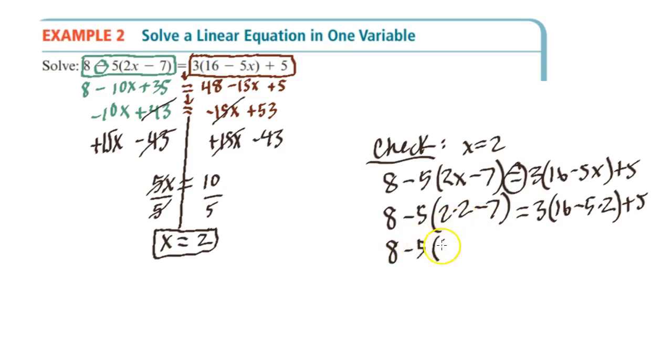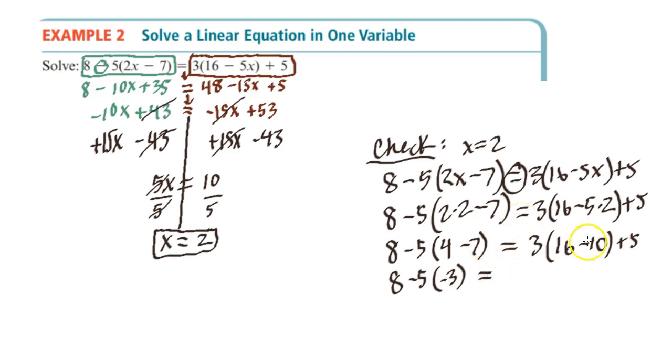That would give me 4 minus 7, and then I need to multiply. We still want to simplify inside the parentheses. So it's 8 minus 5, 4 minus 7 is negative 3. That's equal to 16 minus 10 is 6.